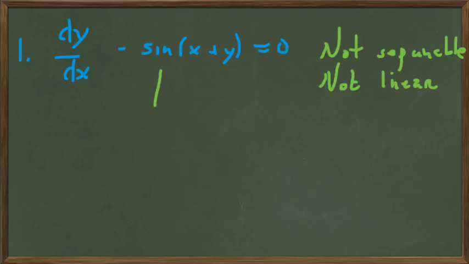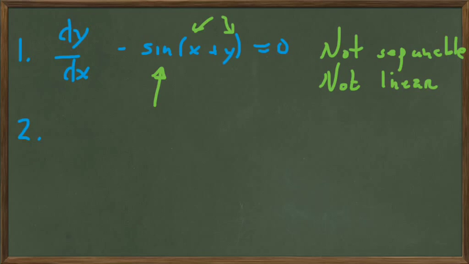The sine is not a linear function, and the fact that we can't separate out the variables x and y and put them on opposite sides of the equation is because the sine function doesn't allow us to do that separation.